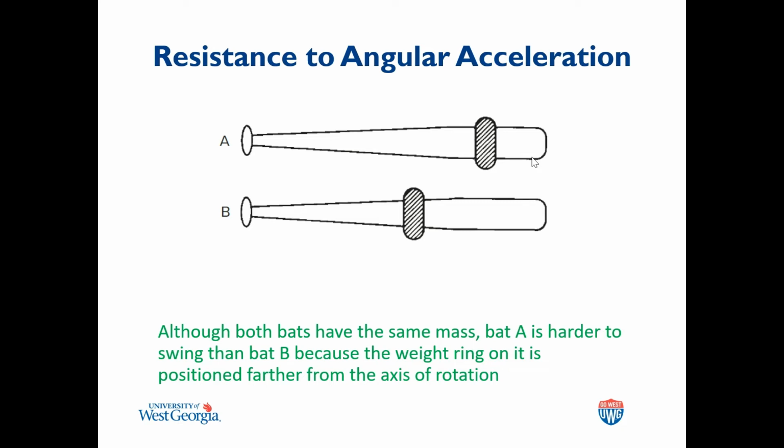The mass of each bat is exactly the same, but if you tried to swing bat A and B, you would notice that it's much harder to swing bat A than it is bat B. It's also harder to stop bat A as opposed to bat B. That is because of the distance that it is placed away from the axis of rotation.